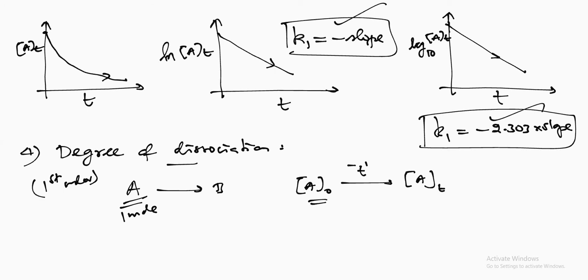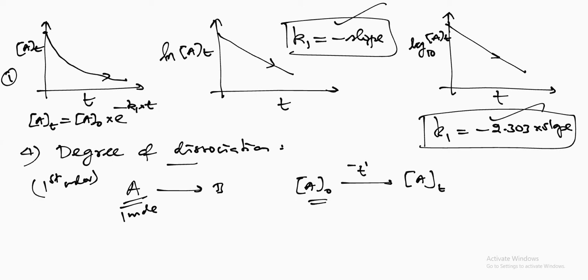Sir, for the first graph, what is the rate constant formula? Okay, for this graph, I have given this expression: A t equal to A naught into e power minus k1 into t.